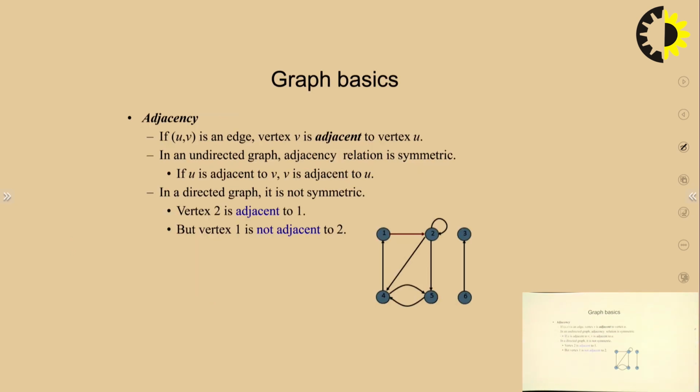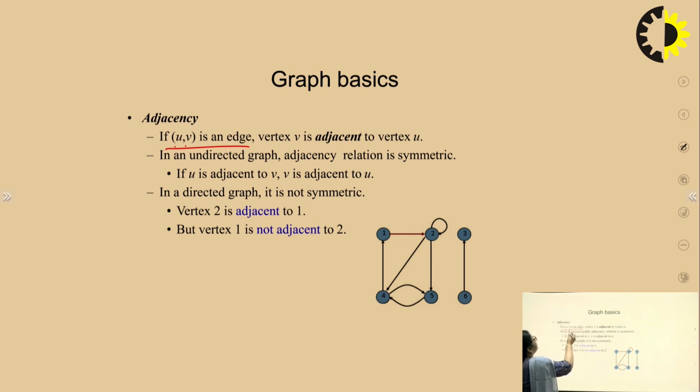Now, we'll understand the basic concept of graph, that is adjacency. What is adjacency? Let me consider an edge UV. U is one vertex, V is another vertex. Every edge is a pair of vertices.